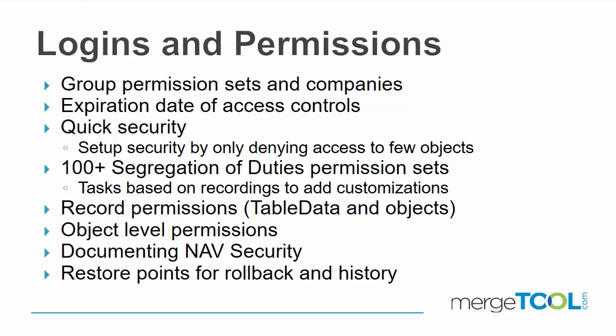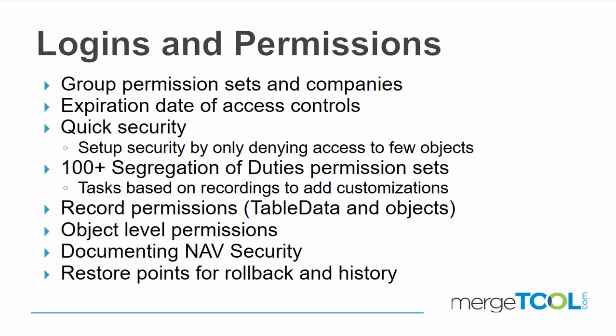As you build new permission sets, we can record permissions, and we record both table data and also the objects being used. Knowing about the objects allows a whole new level of security. An easy way to remove access to financial information is to remove all the pages and reports, of course, showing that data.